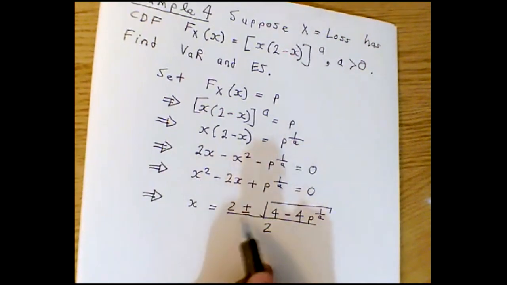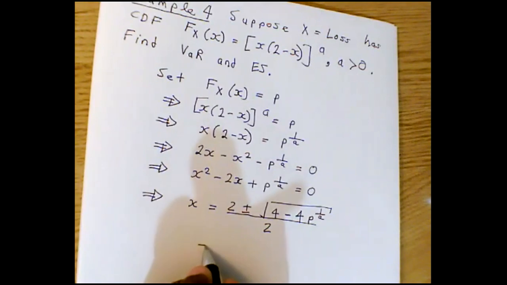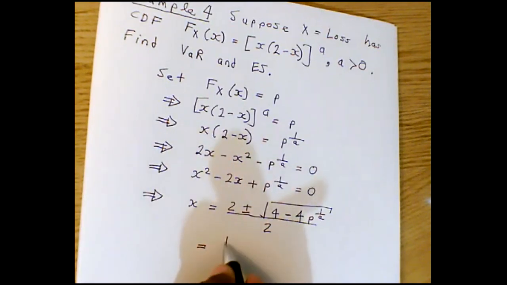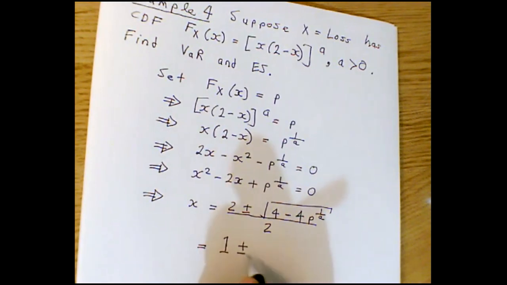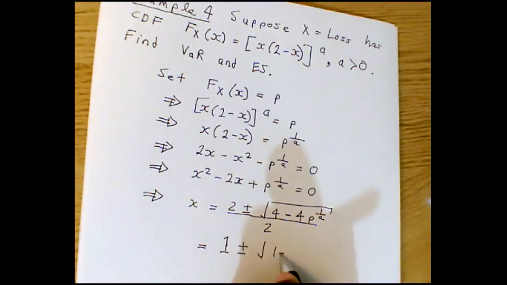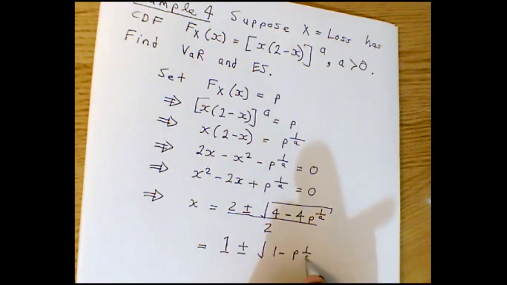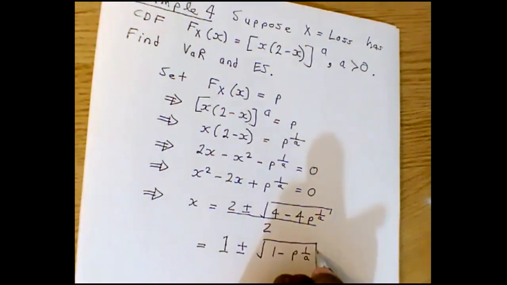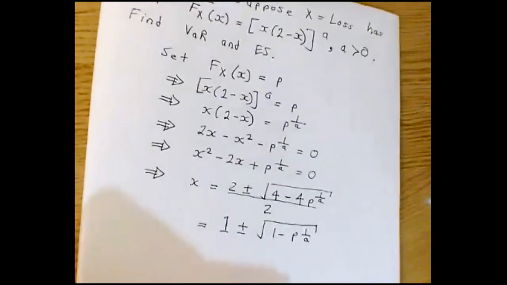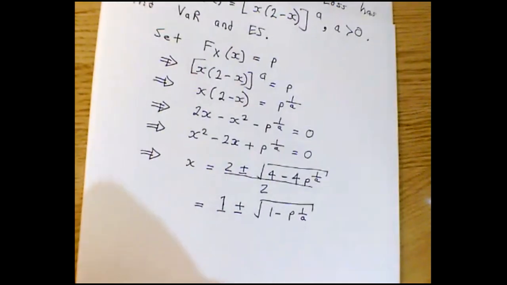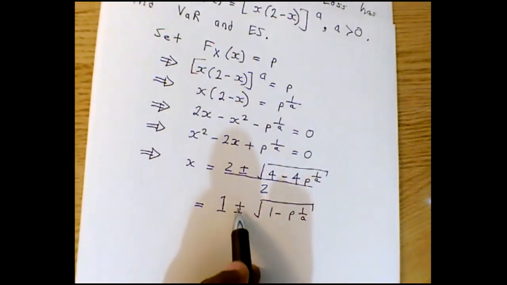Now, actually, you can simplify this. This will simplify to 1 plus or minus 1 minus p, right? Now, the question is, which of these roots is valid and why?